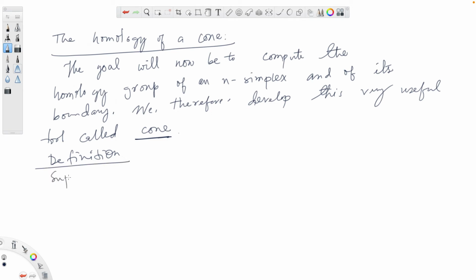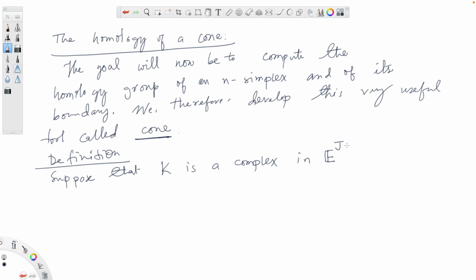Suppose that K is a complex in this space. This space has a name which is denoted by bold E raised to J, and it's called generalized Euclidean space.